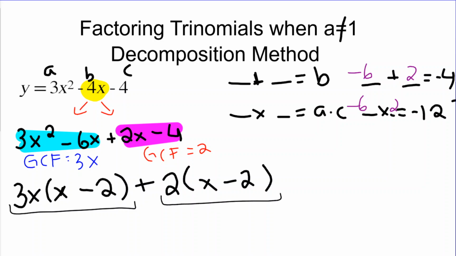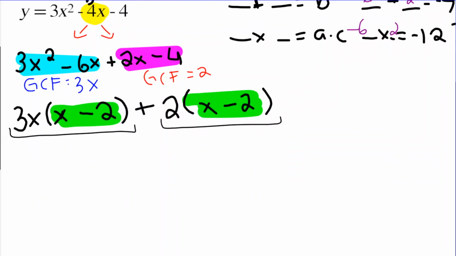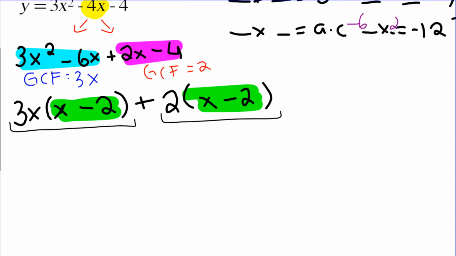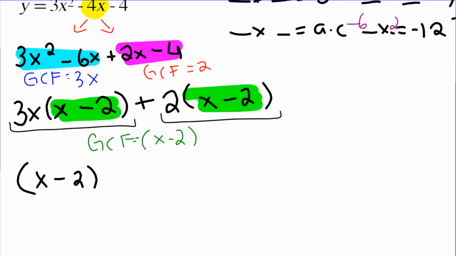So now I'm asking myself, now that I have 2 terms, do these 2 terms share anything? And they share this whole bracket of an x minus 2 as a factor, because it's being multiplied into each term. So now I have a greatest common factor of x minus 2. What I'm going to be able to do with this is factor out or divide out x minus 2 out of both terms.